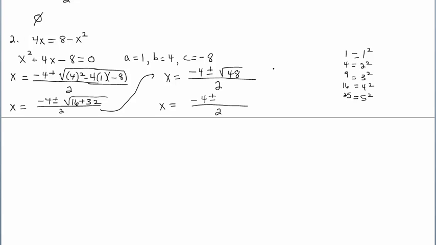Well, yeah, 16 times 3 gives us 48. So if I broke that into 16 times 3, I'm going to be able to take out a 4, leaving the 3 inside. So x equals -4 plus or minus, I'll pull out a 4, 4 radical 3, all over 2.